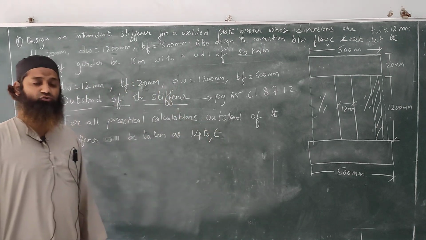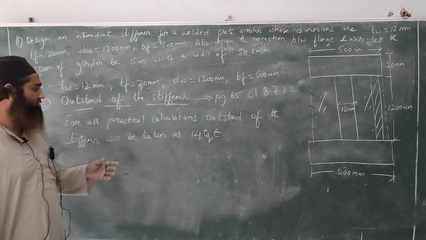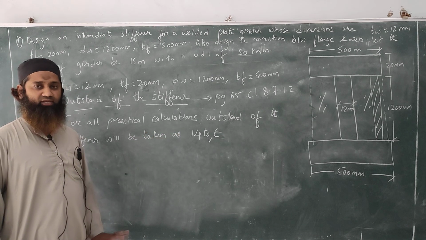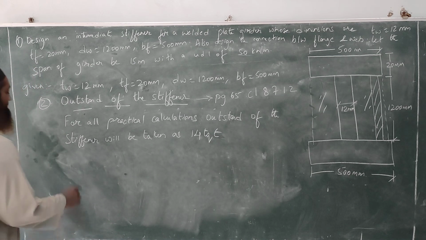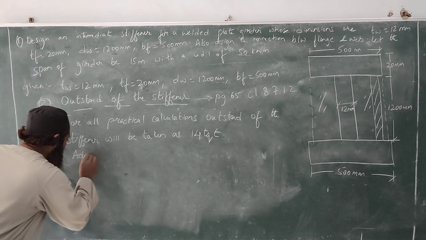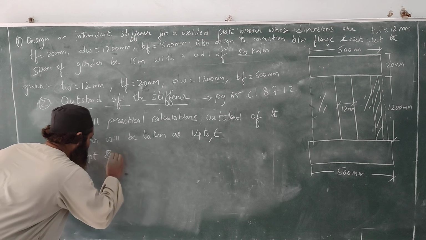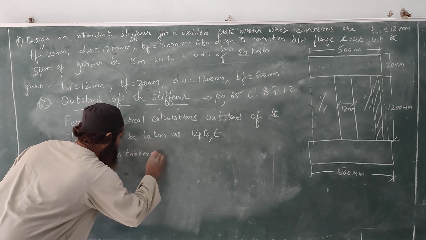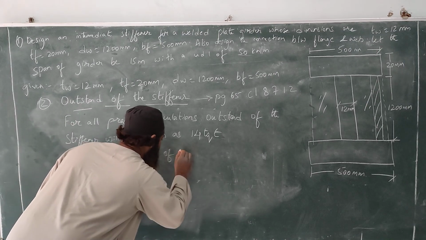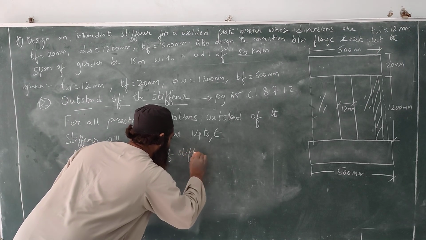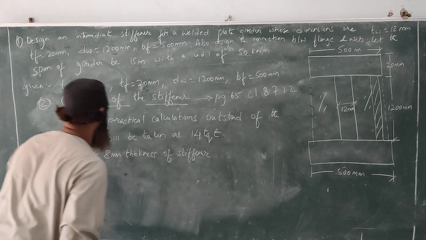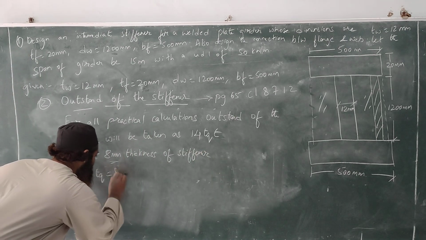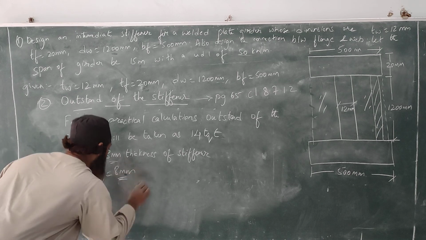As I had told you, it should not be greater than 20 t_q ε. What is t_q? t_q is the thickness of the stiffener. Here I am assuming it, adopting 8 mm thickness. The thickness of the stiffener, that is t_q, is equal to 8 mm.